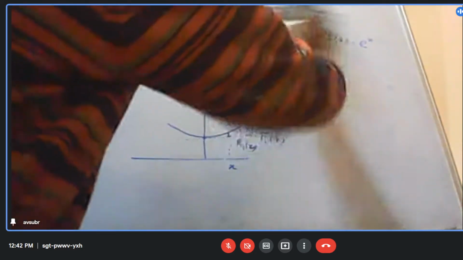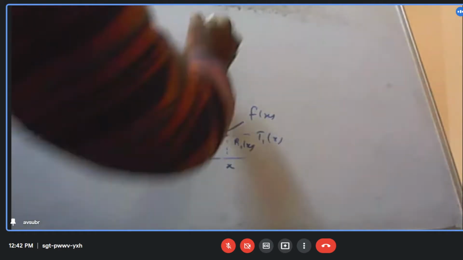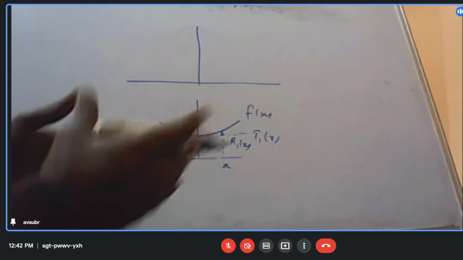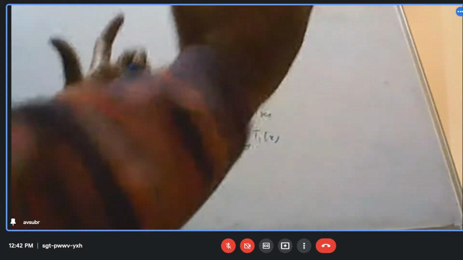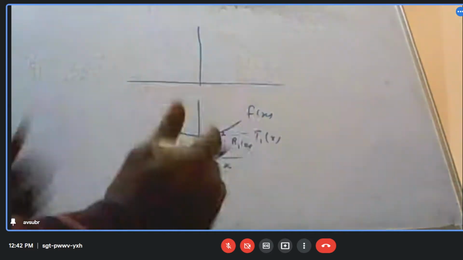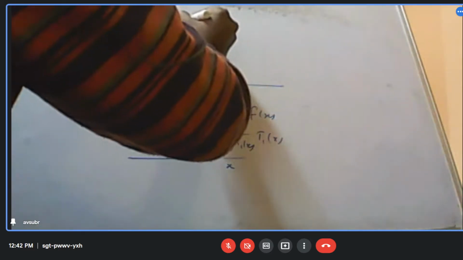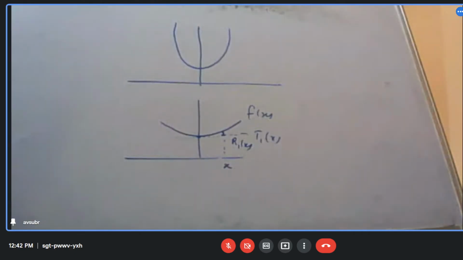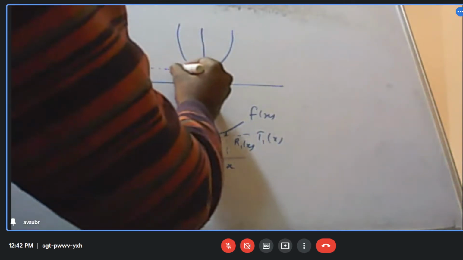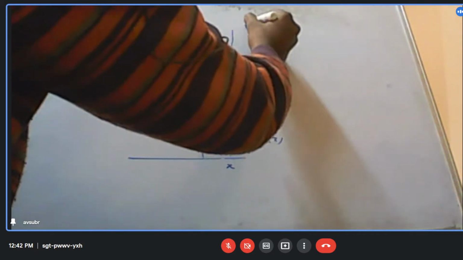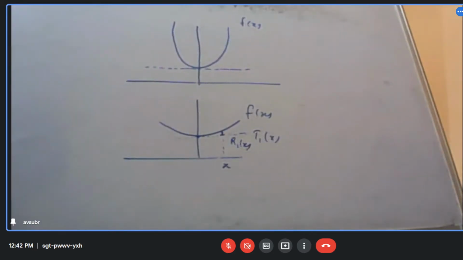Now I choose the same point, but I make this function more and more curvy. My function becomes more and more curvy.